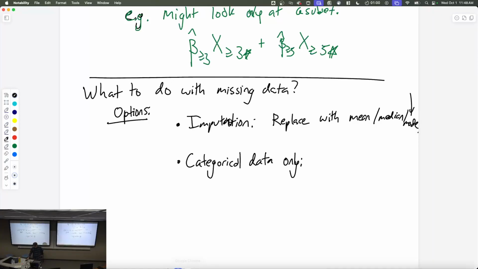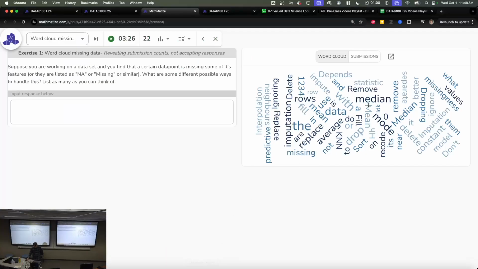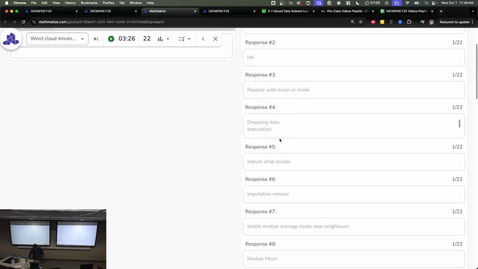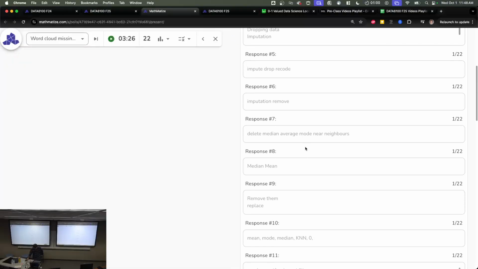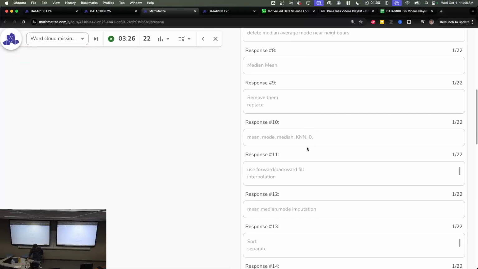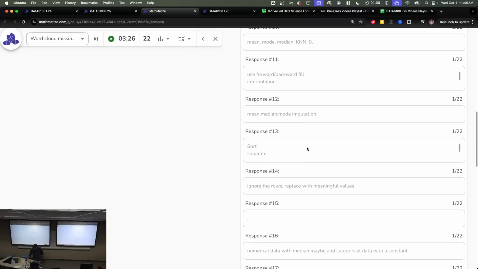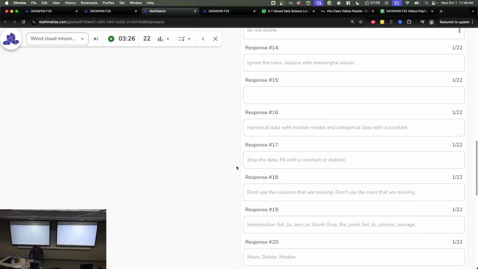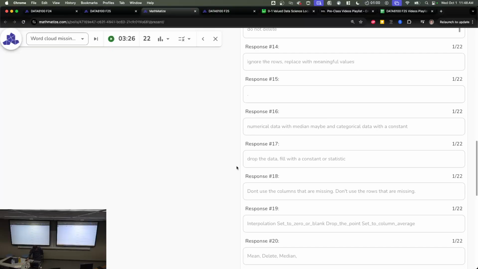And let me see if anybody wrote the special thing you can do with categorical. Okay, let's see. Impute, delete, remove, replace with meaningful values. I want to see if anybody wrote this. Yeah, so somebody wrote replace categorical data with a constant.